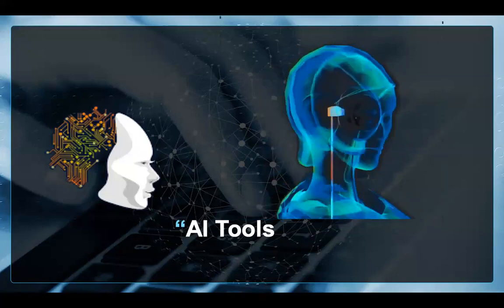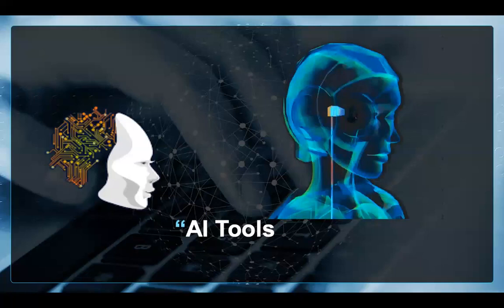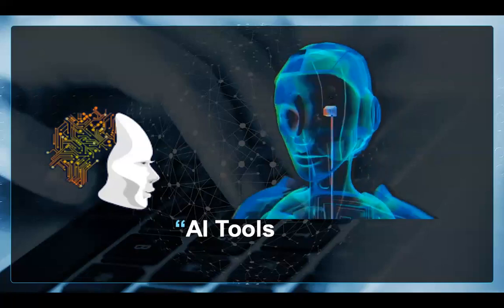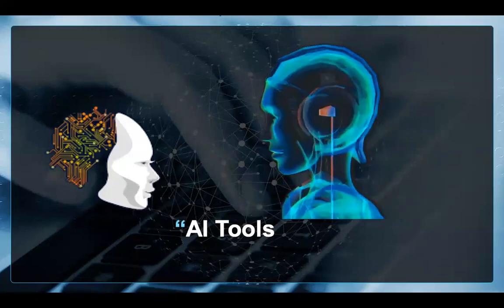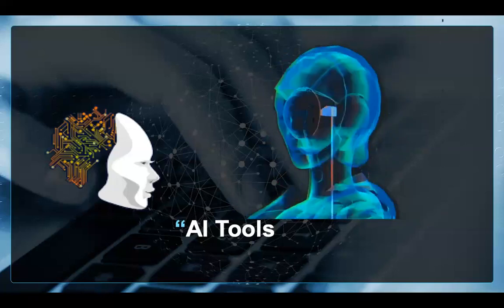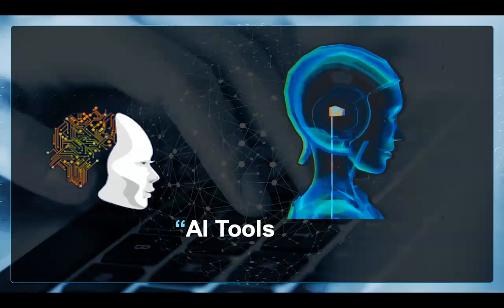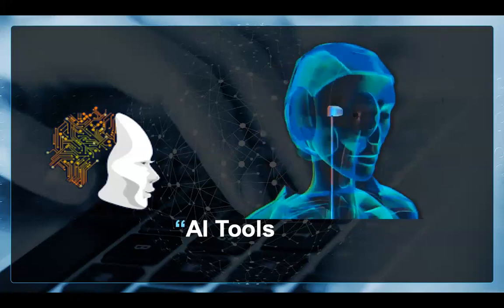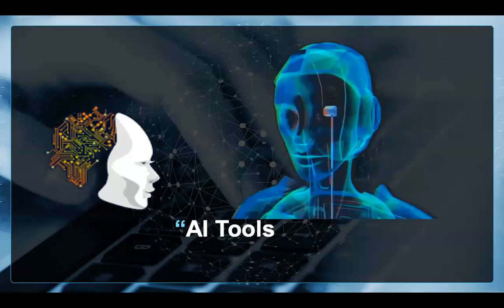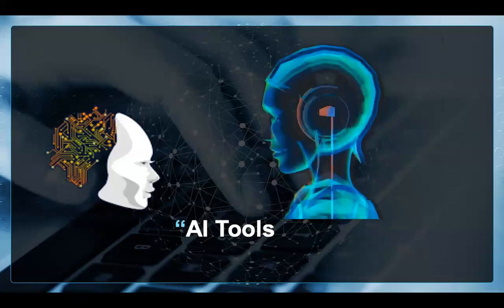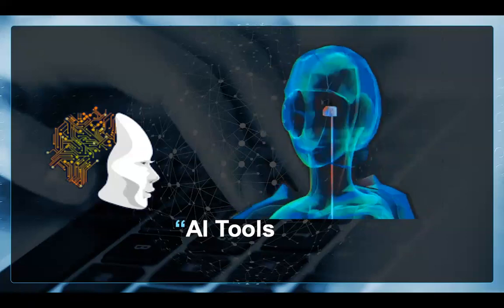I'm going to show you Google Bard first, and then we will discuss ChatGPT. These two are basically chatbots which are very useful for educators, students, and researchers. So let's have a look at how we will be able to use them, what the features of these AI tools are, and how they're good for us.